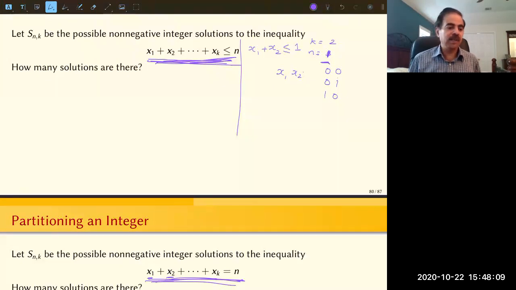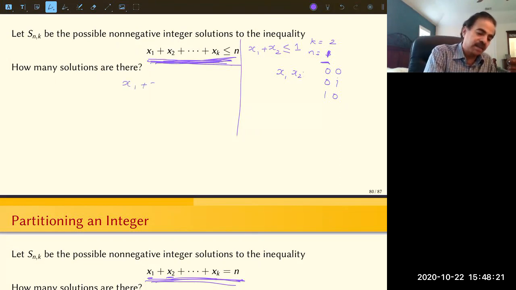All you need to do is introduce one more variable. If there exist x1 through xk that sum to less than or equal to n, that means there exist x1 through xk plus 1 that sum to exactly n.